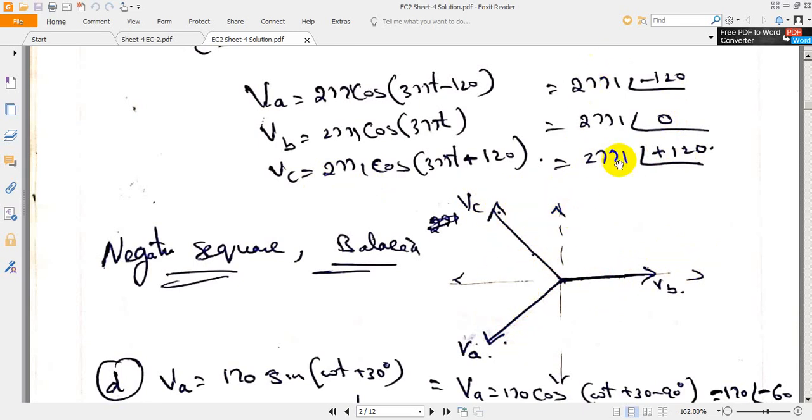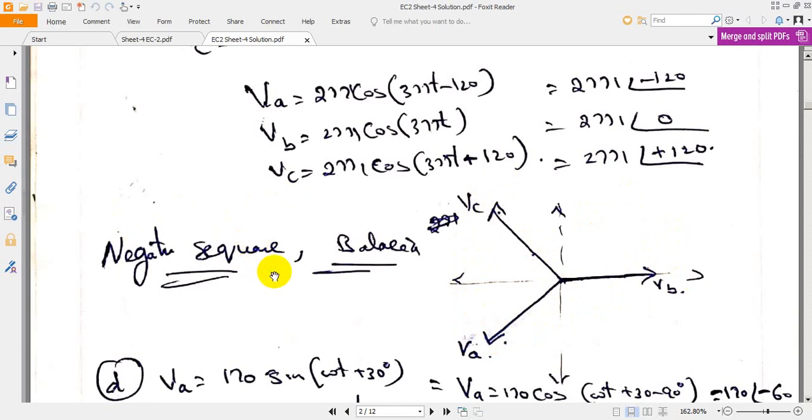It means the magnitude is same, and with a phase difference of 120, the system is a balanced system. The phase sequence means the order of the phases. We need to start from A and move in the clockwise direction: A, C, B. So the phase sequence is ACB, or we can say a negative phase sequence.